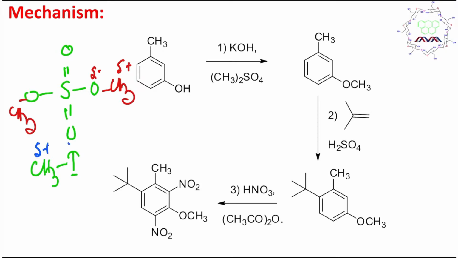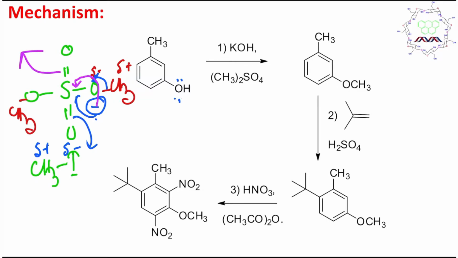Similar, delta plus, delta minus, and after the nucleophile, this O minus, attacks, these bonds come here, which means this O minus is produced, which is resonance stabilized, one by this way, another by this way.